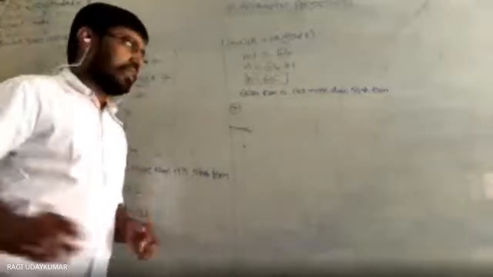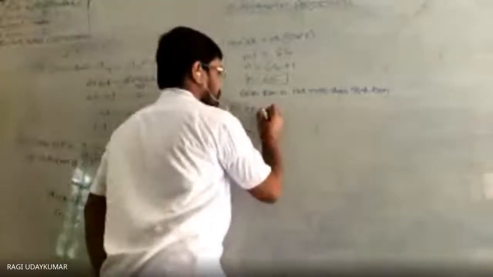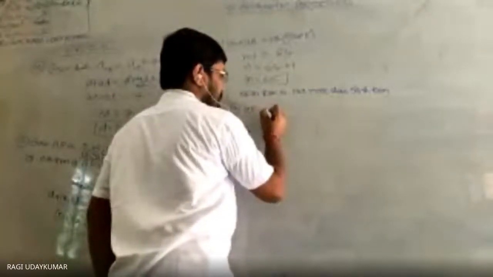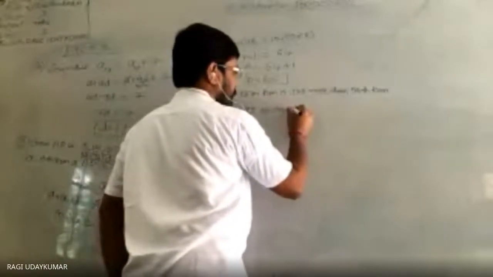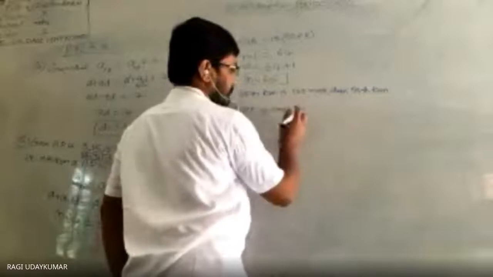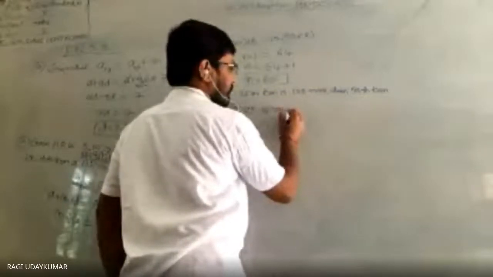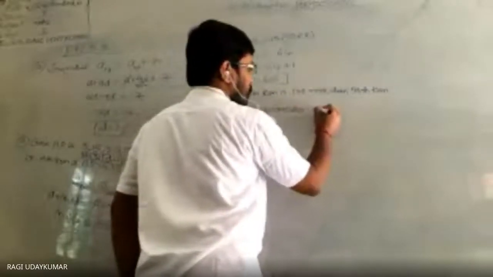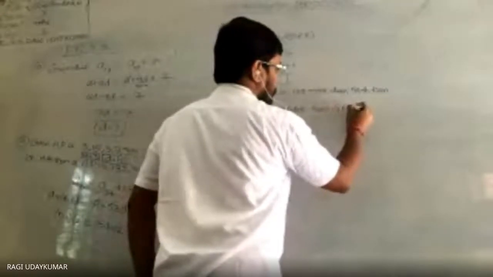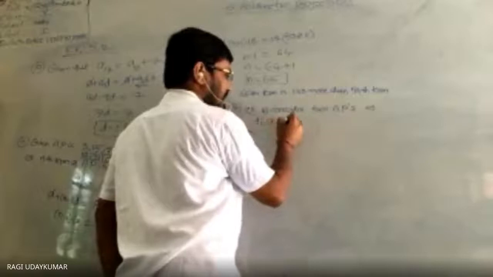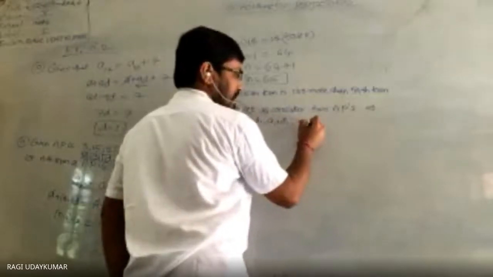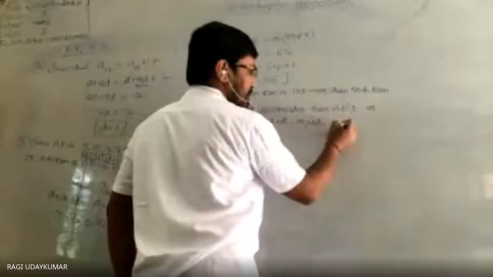So let us consider two arithmetic progressions as A1 plus D1, A1 plus 2D1 and so on.